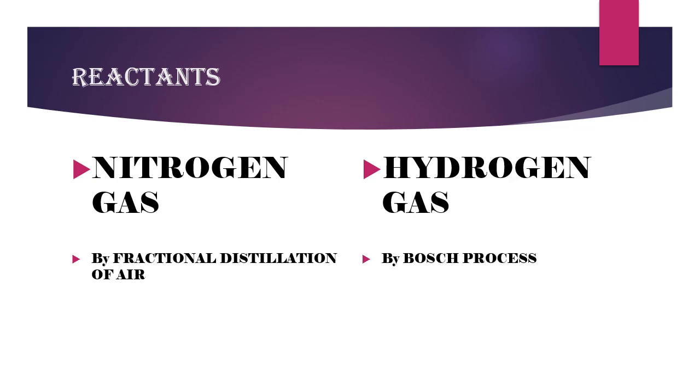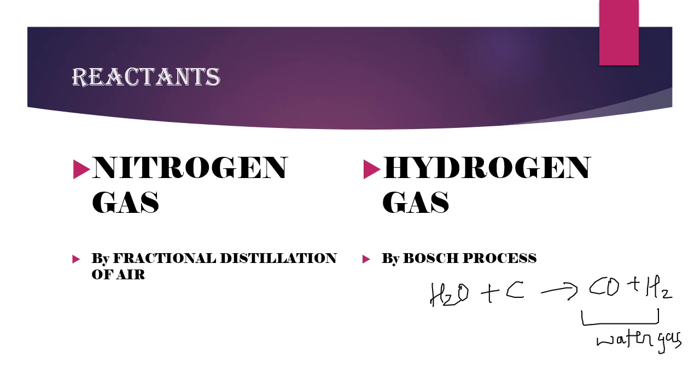We use only water in the form of steam, and we use coke, which are easily available. So you will get what? Carbon monoxide plus hydrogen. You used to call this the water gas mixture, right? Then when you pass excess steam, you will get hydrogen gas, and the byproduct will be CO2. So there you have some impurities also, CO2 and CO, which will be removed in that process.